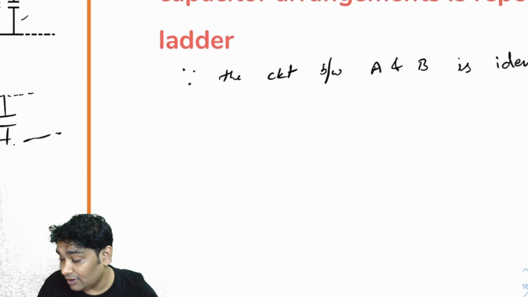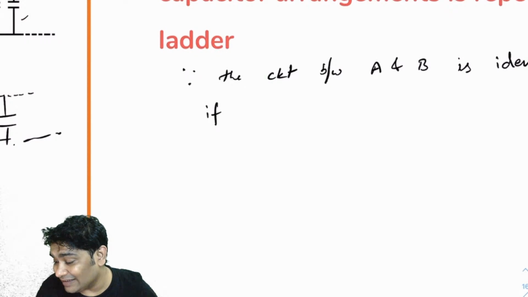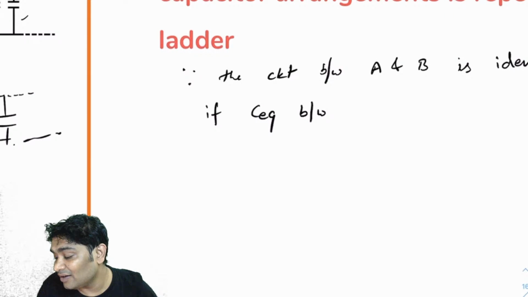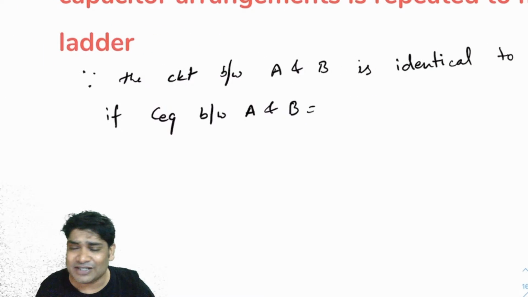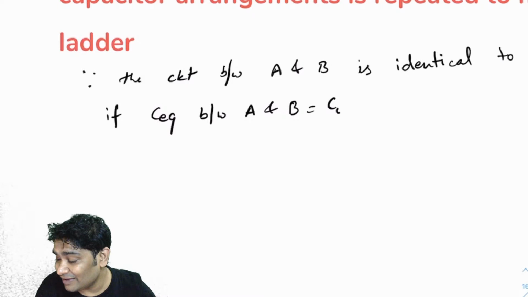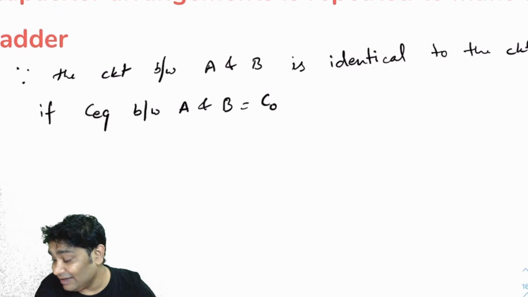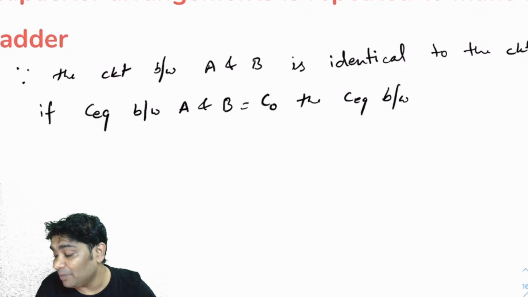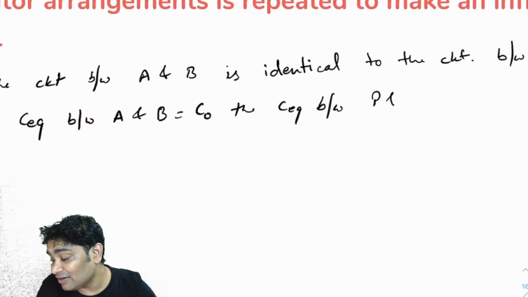That if equivalent capacitance C equivalent between A and B equals some, let's use some symbol C0, then C equivalent between P and Q is also C0.